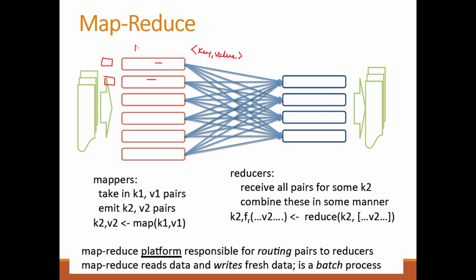And also the input to all these mappers should be in the form of key and value pair. Okay, so we discussed that in the case of text files, this key will be the line number in hexadecimal form and value will be the line or the text itself.